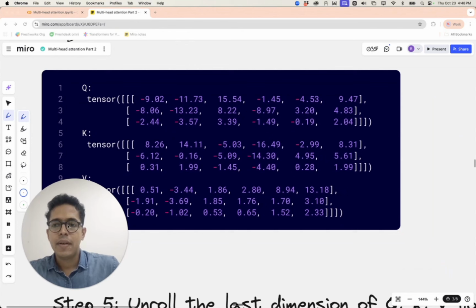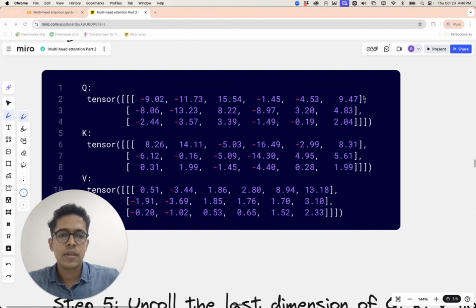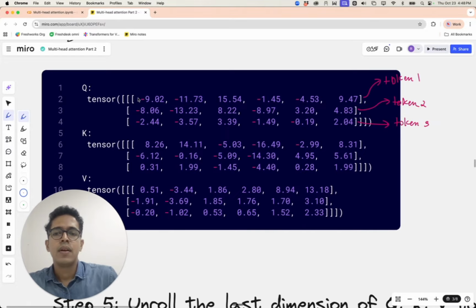Now can we see where our tokens are? So this is the query corresponding to token number 1. This is the query corresponding to token 2. And this is the query corresponding to token 3. So the first pair of brackets here is for wrapping individual query vectors.